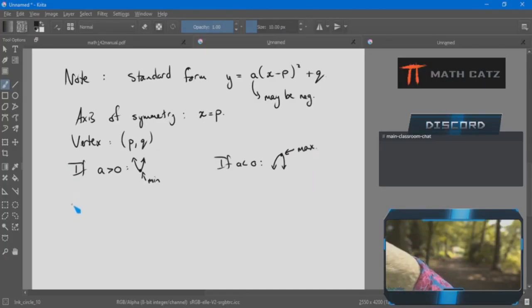Now, the y-intercept is sometimes going to come automatically, but in general, I calculate these intercepts in the same way. For the y-intercept, set x equal to 0. For the x-intercept, set y equal to 0. And then solve the equation.